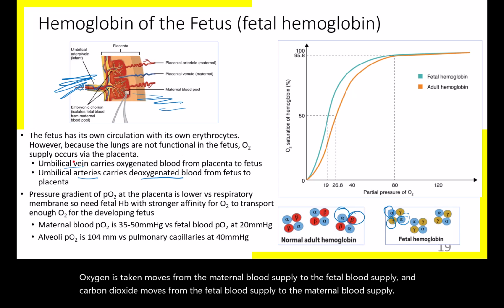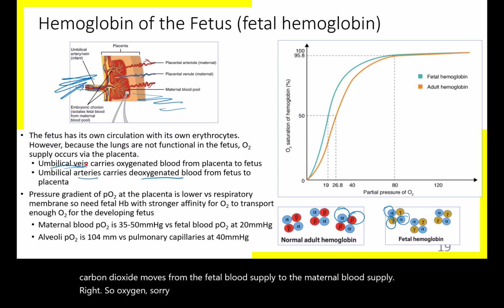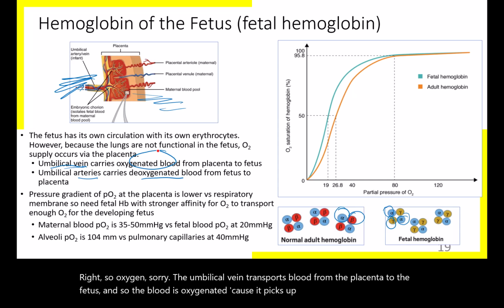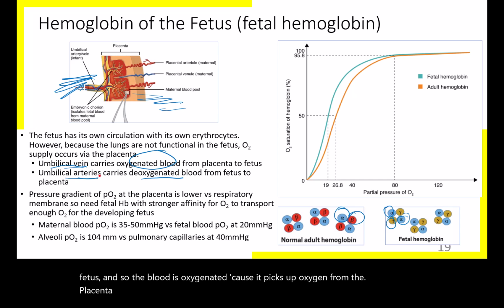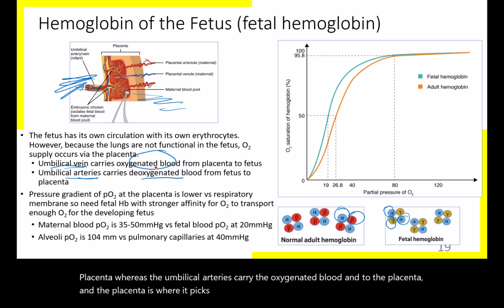So the umbilical vein transports blood from the placenta to the fetus, and the blood is oxygenated because it picks up oxygen from the placenta, whereas the umbilical arteries carry deoxygenated blood to the placenta, and the placenta is where it picks up the oxygen.